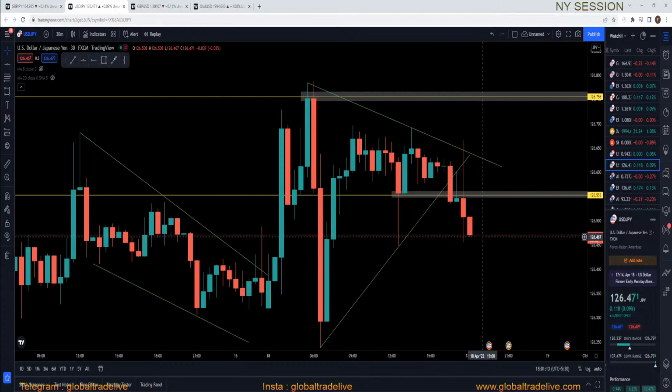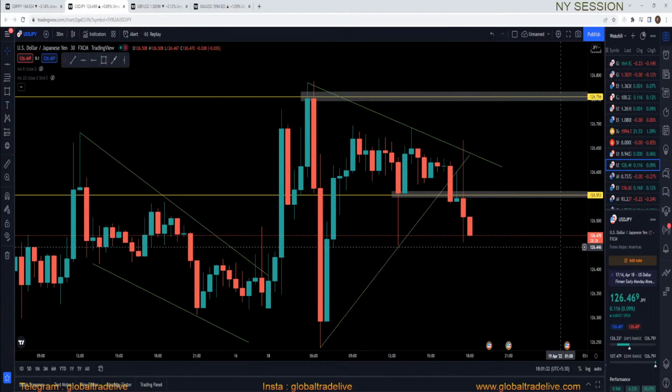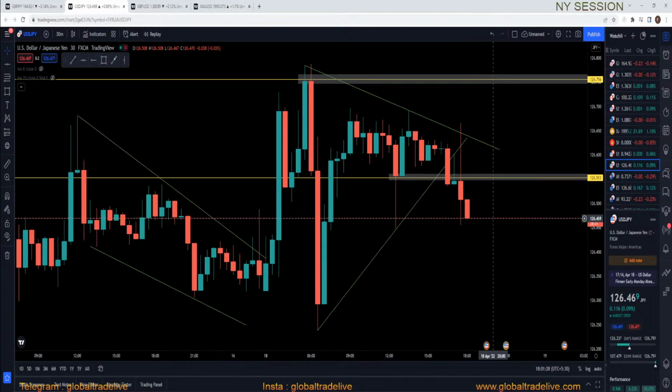If this candle creates a higher wick and then moves down from here and breaks the low of the previous one, then I'm going to take a sell trade. Otherwise, if this candle just breaks the low in the first 1 or 2 minutes like it's about to do, I'm not going to take the trade over here.